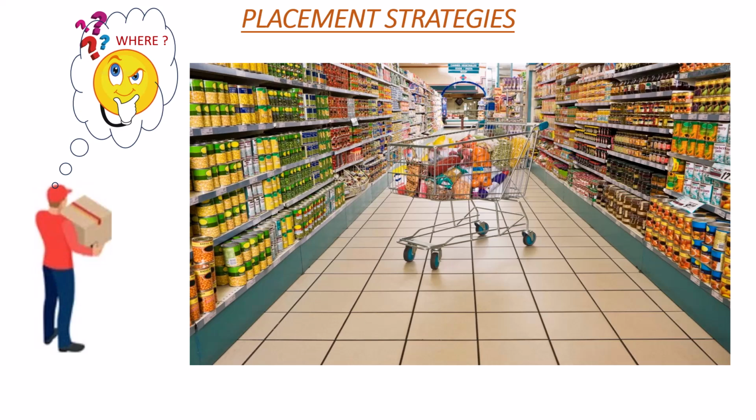So the stock removal strategies and put away strategies will get proposed by the system when we do that configuration. That will be very helpful for the resources to put away the products or remove the products for outbound deliveries. So this is about placement strategies.